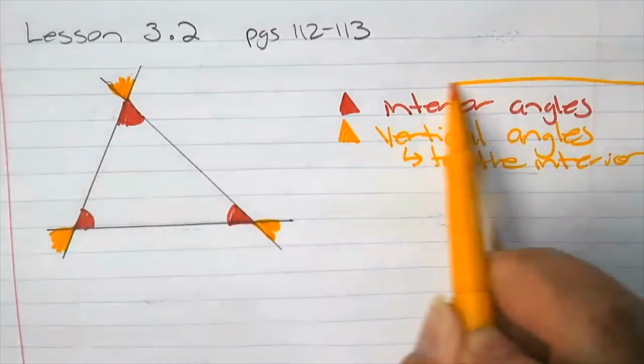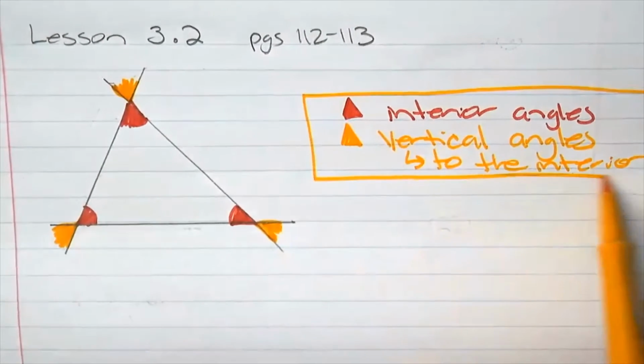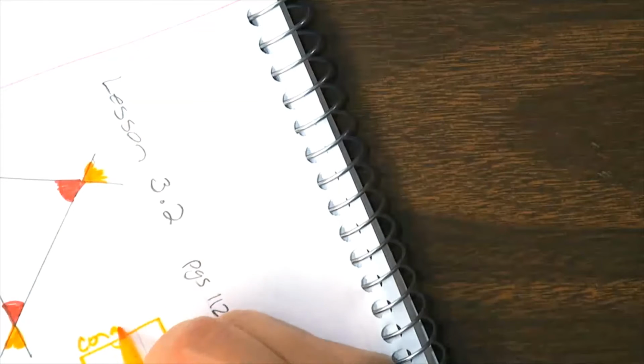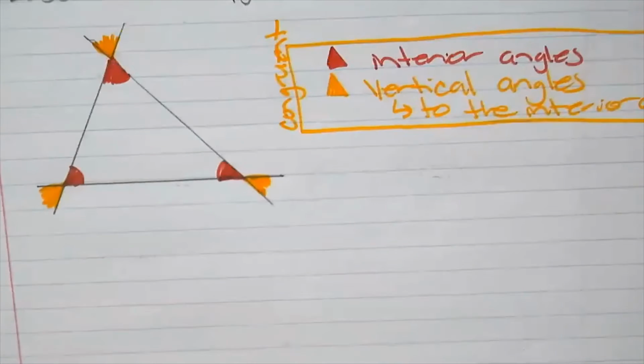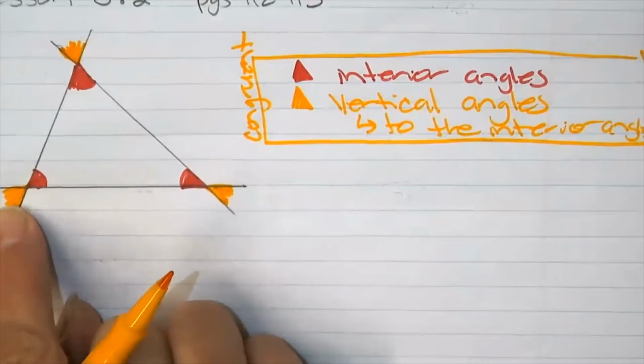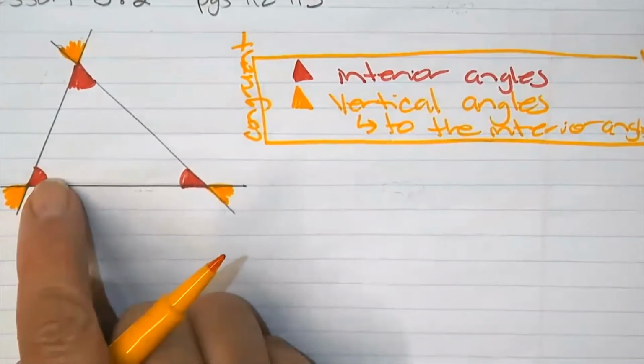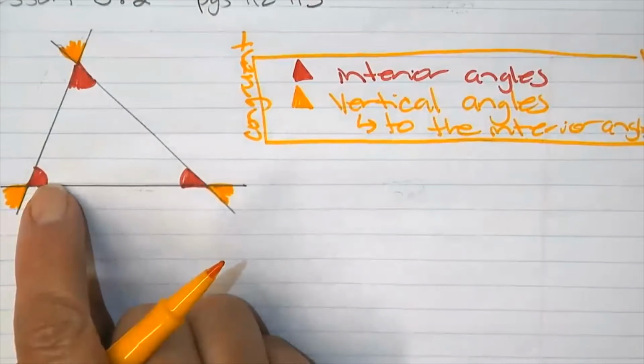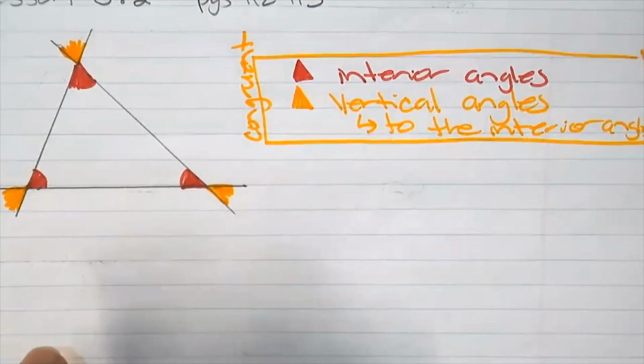So I may just put a box around these. And I may mark these as congruent. So these are vertical to the interior angles, which means they are congruent.